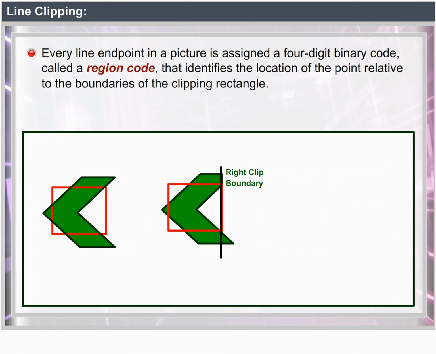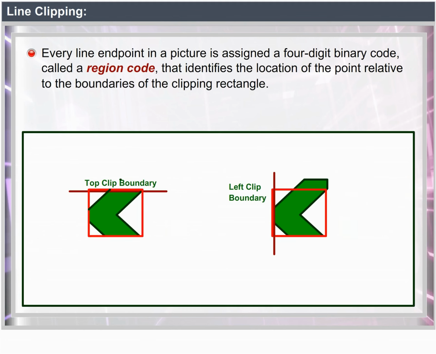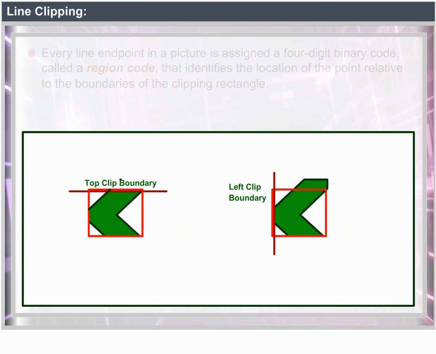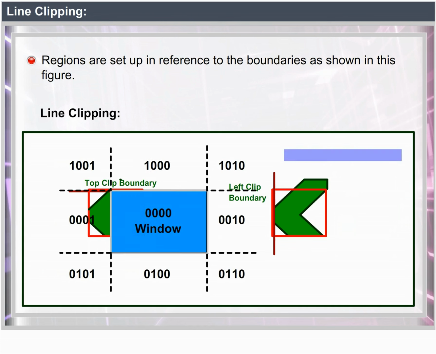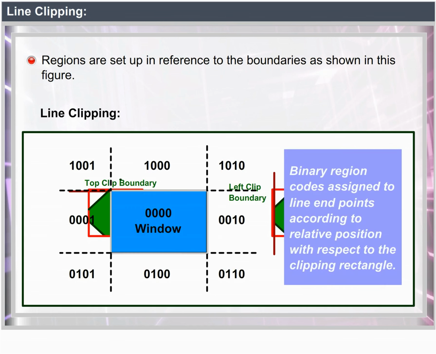Every line endpoint in a picture is assigned a 4-digit binary code called a region code that identifies the location of the point relative to the boundaries of the clipping rectangle. Regions are set up in reference to the boundaries as shown in this figure: binary region codes assigned to line endpoints according to the relative position with respect to the clipping rectangle.